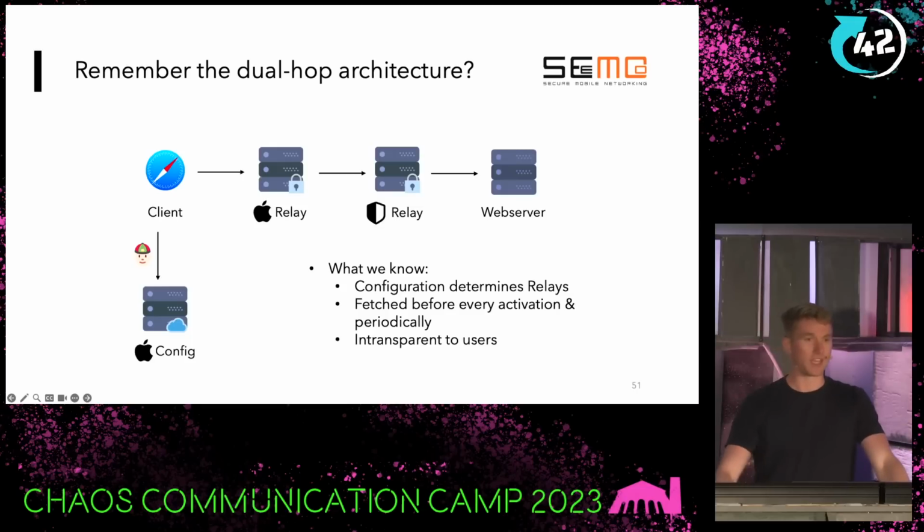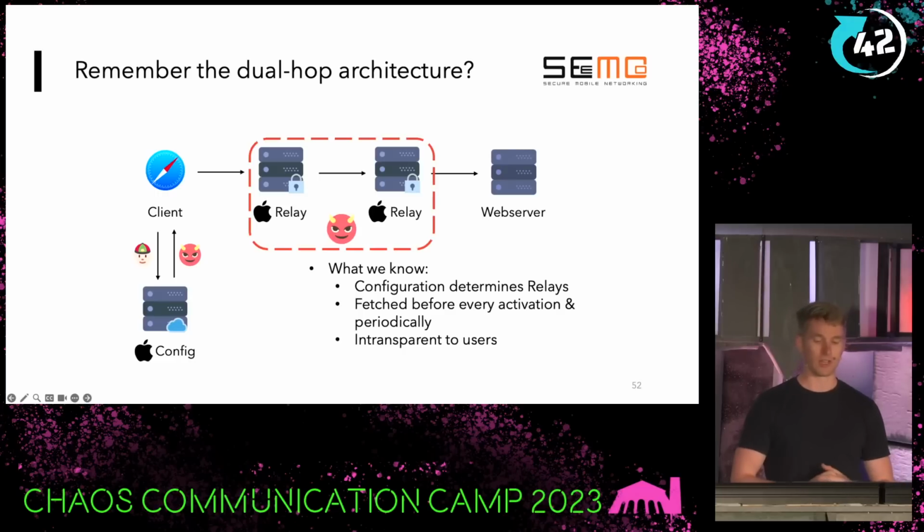And now, as Apple claimed that their service provides privacy by design, we can assume that they want to abuse that personal information because they say, oh, now I want to target that specific user on that specific device to de-anonymize his traffic. So they can decide to serve you not a genuine configuration, but a configuration which only contains exactly 2 relays, which are both operated by Apple. So now the architecture looks like that, and we have 2 Apple relays.